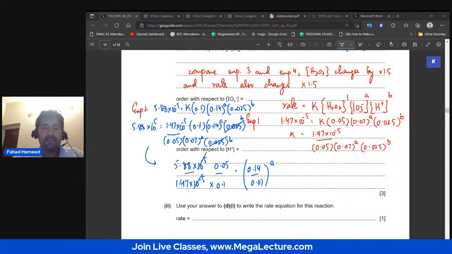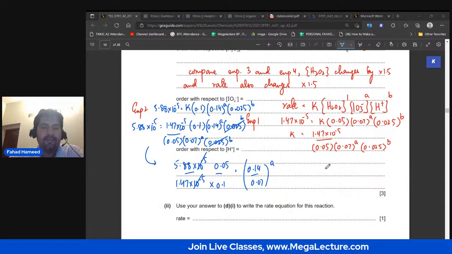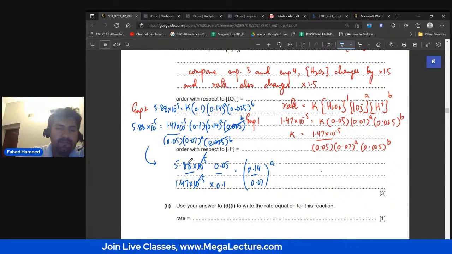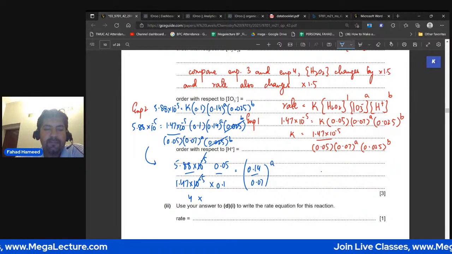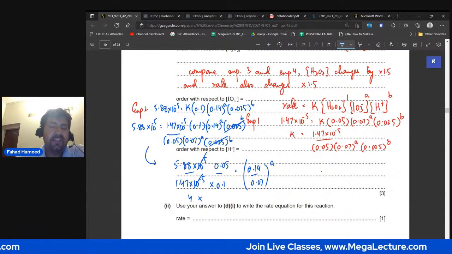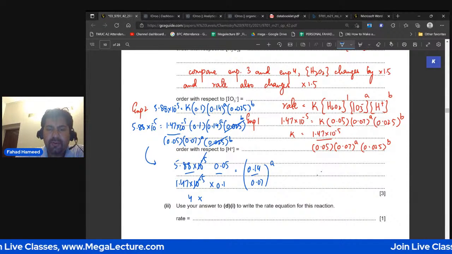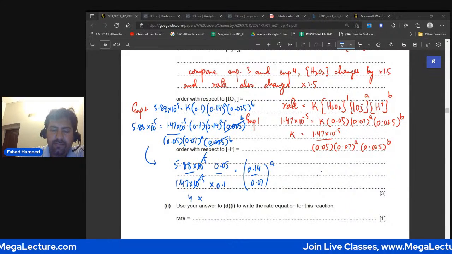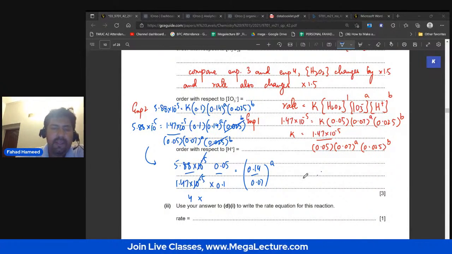So what is that? 5.88 divided by 1.47. And that gives me 4. That is 4 into, what is 0.05 divided by 0.1? That's probably half. But just to be sure, that is half. So divided by 0.1, that's 0.5.